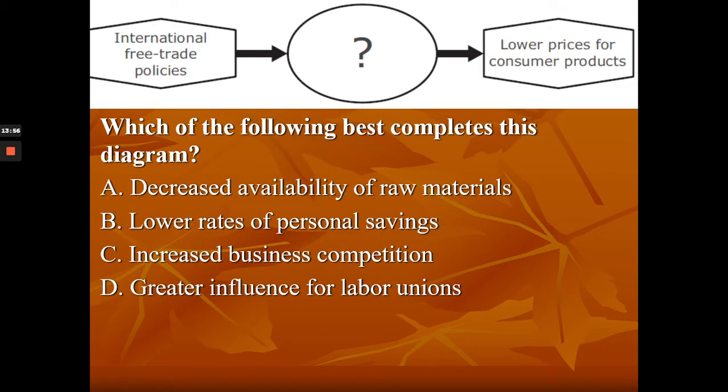Okay? Here's another one. So you've got international free trade policies leads to your answer, which leads to lower prices for consumer products. Remember, the more competition, the lower the prices. Think about internet.